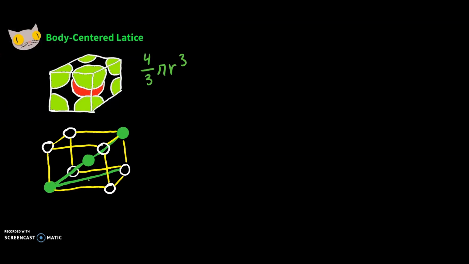We need to take this right triangle here at the bottom, and I'll redraw it up here, with these sides being A, and the hypotenuse we'll call L. Using Pythagoras' equation, we see L squared is equal to A squared plus A squared.